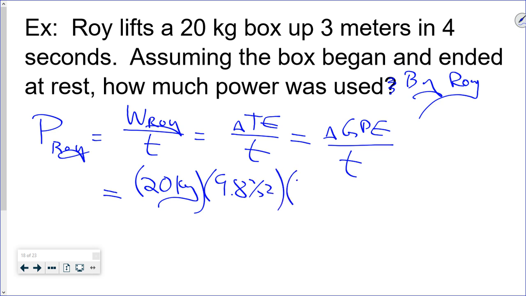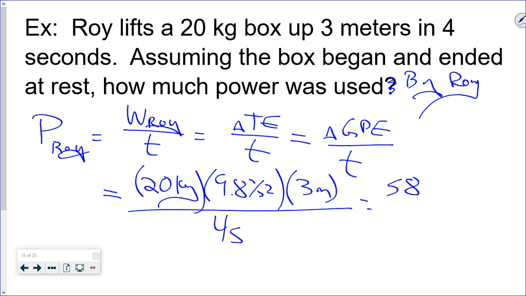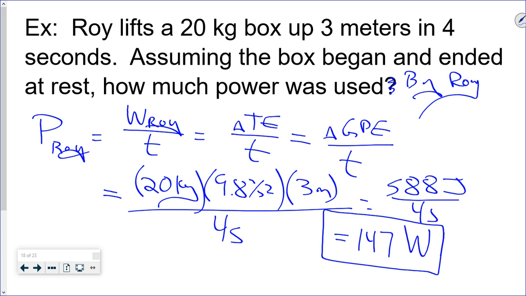We lifted it 3 meters, and this took 4 seconds. If you multiply this all out, you get 588 joules worth of work that he did in 4 seconds. So that's 147 joules per second, or 147 watts. That is the average power that Roy used.